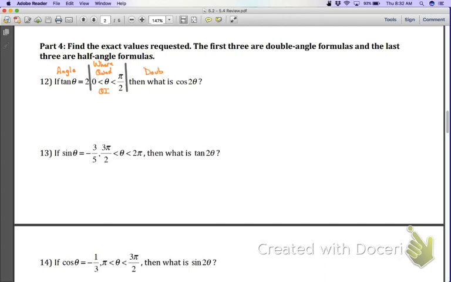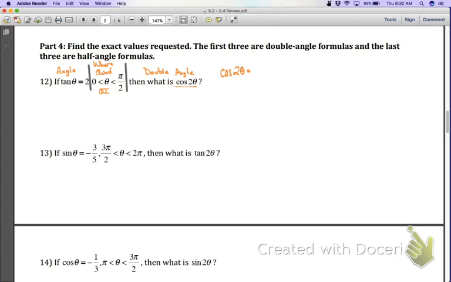This is basically your double angle of what we're solving. I'm going to piece it together: it's cosine of 2 theta. If I write my formula for this one, I have multiple options of double angle formulas.